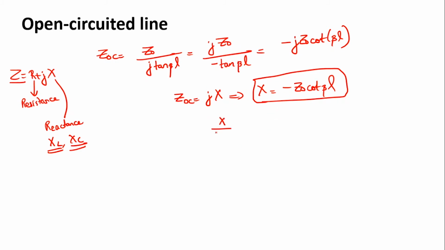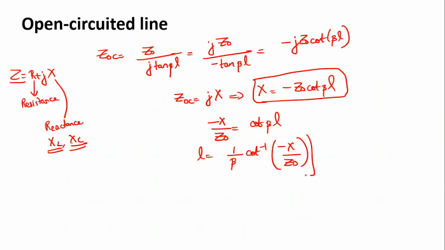So minus X by Z0 is equal to cot beta L, and L is equal to 1 by beta cot inverse minus X by Z0. So this is another equation. L is equal to 1 by beta cot inverse minus X by Z0.